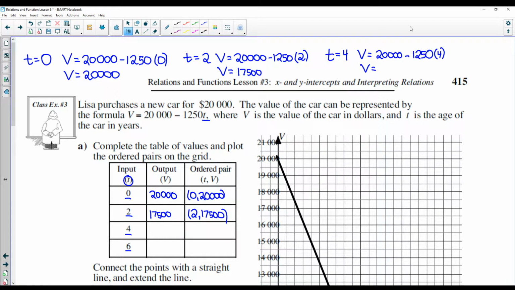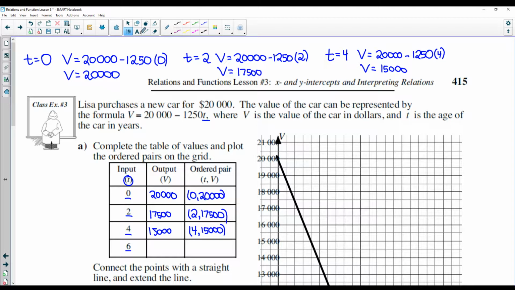So this would just be 20,000 minus 5,000, which would be 15,000. So we put that in the table, 15,000. My point would be 4, and then 15,000.